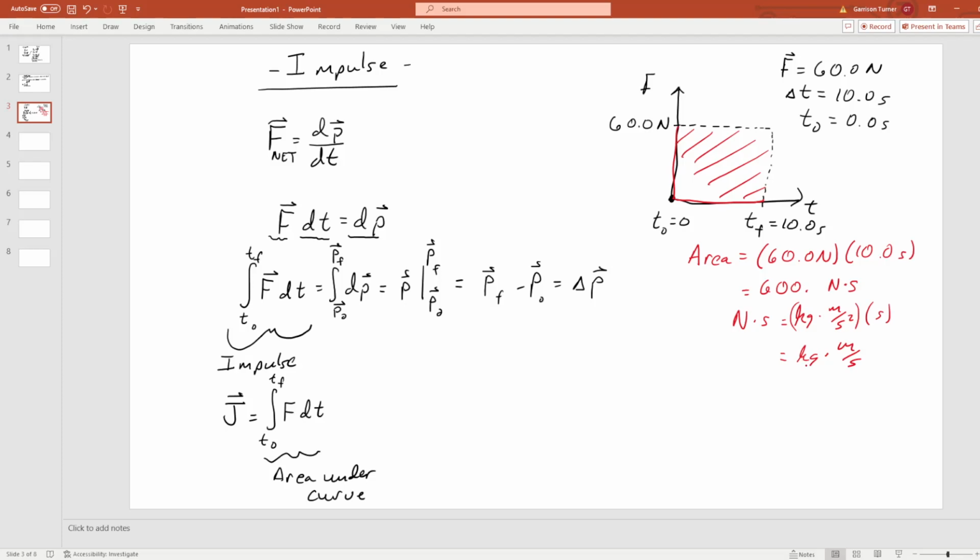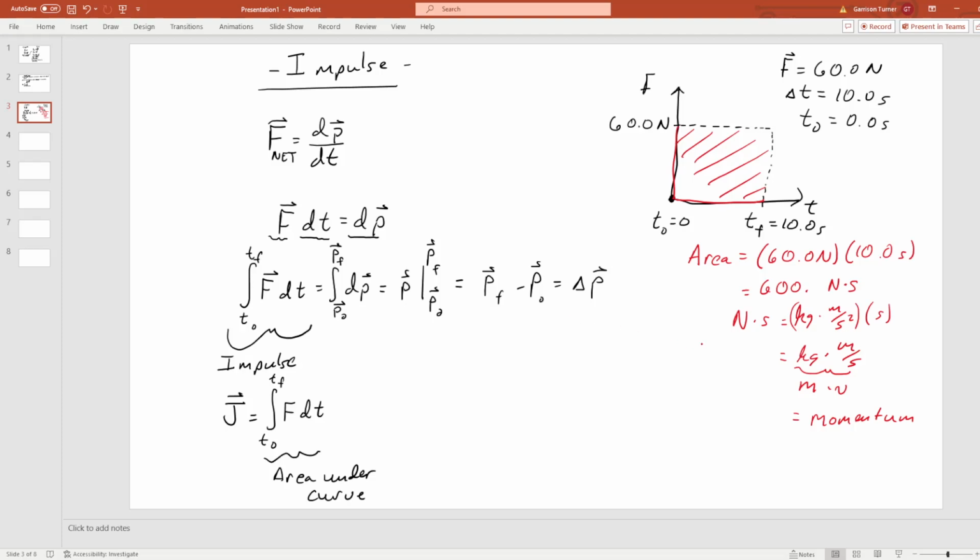But this is the units of mass times velocity, or the units of momentum. Which it must, because it equals the change in momentum. And the units on a change are equal to the units of the thing, whether it's change in position, change in velocity, change in momentum, it doesn't matter.